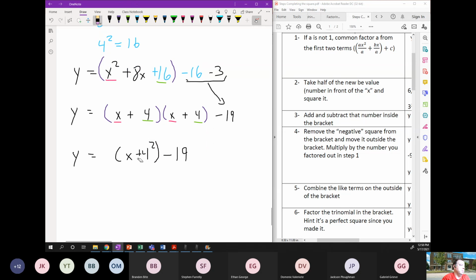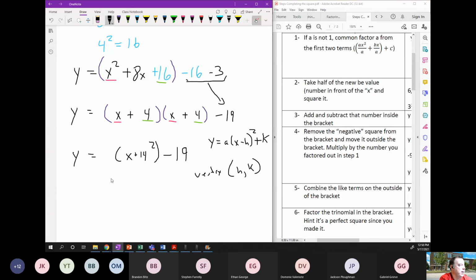Now, if we remember back to last week, I'm going to rewrite the rules as we go. So if you remember the last week where we had this equation, y equals a bracket x minus h squared plus k, and how our vertex was h comma k.